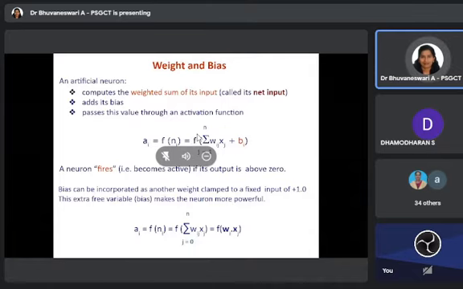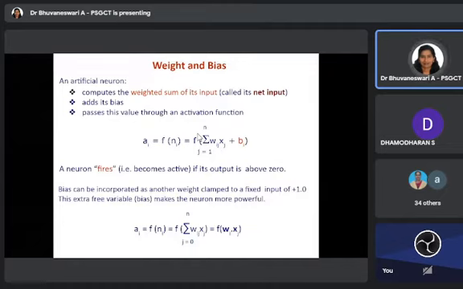You have the weights, you have the biases, and the activation function used for every model. Whenever you get an output above zero, it is called an active neuron. If the outputs are below zero, it is called a deactivated neuron or dead neuron.